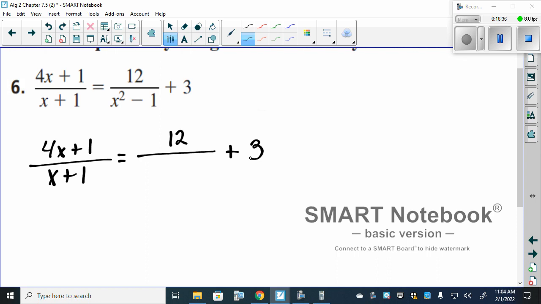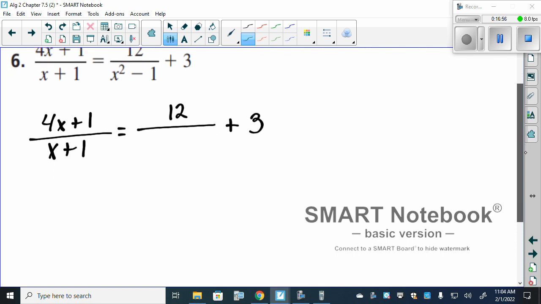Because each term or each set of factors that we add additionally will increase the degree of what we're working with. So with the last one, we ended up with a quadratic of degree 2. If we'd added another factor of x plus 1, it would have taken it from a degree 2 to a degree 3. It would increase it by 1 for each set of extra factors that we add. So we need to make sure we don't add any more than we absolutely need.